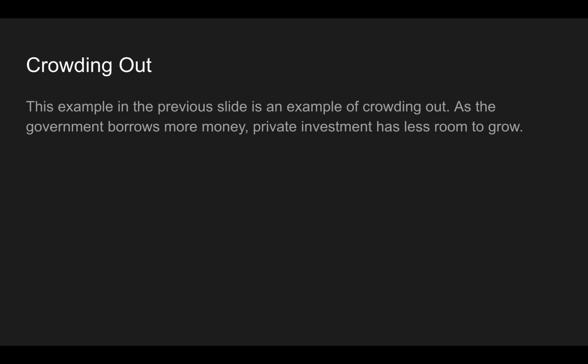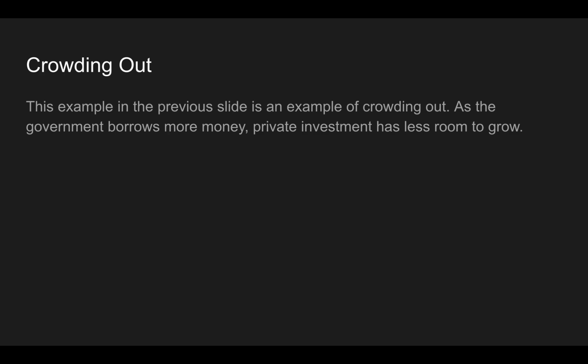So next I'm going to talk about crowding out, because the example of the previous slide is an example of crowding out. And as the government borrows more money, private investment has less room to grow. So basically, this is due to the government is taking more money to borrow it, right?